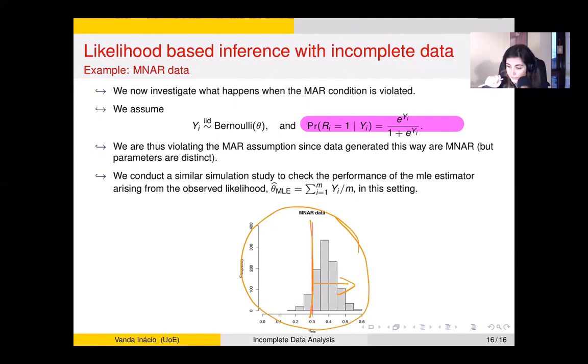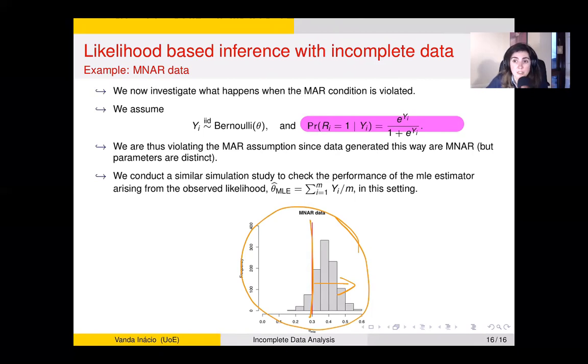Okay, and that's it for this week. In the next week, we will look at a further example, the one that I've already mentioned about the bivariate normal distribution with missing values, and see how to play with this likelihood of the observed data.